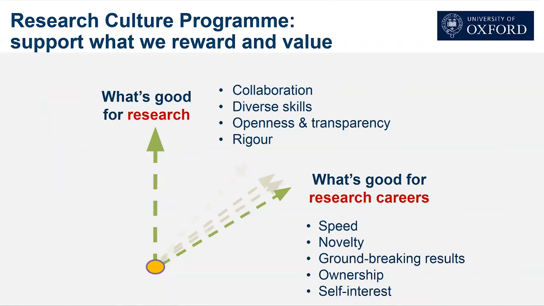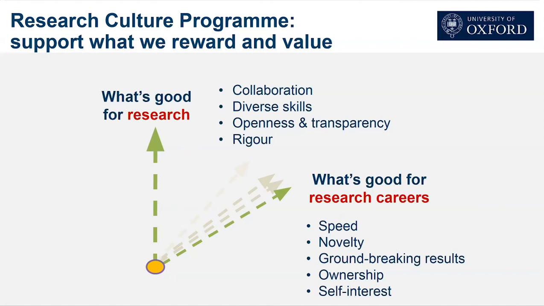So what do we want to change, and how do these relate to FAIR? Well, we want to move away from the concept that we have now, which is that what's good for career nowadays is you need to be fast, you need to publish in Nature, you need to have groundbreaking results, you need to have the big grant, you need to own the data, and it's all about you.